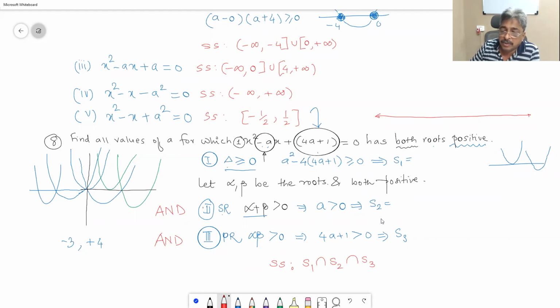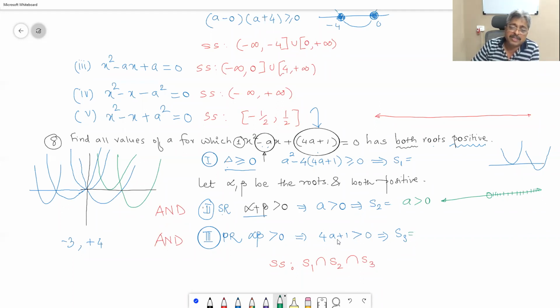So here these two solution sets are easily available. Let me write them. A is greater than 0, that is solution set number 2. Its diagram is like this: 0, strict inequality, therefore all the values greater than 0. Alright.